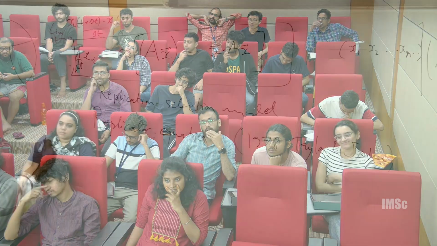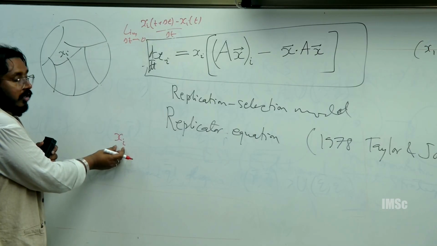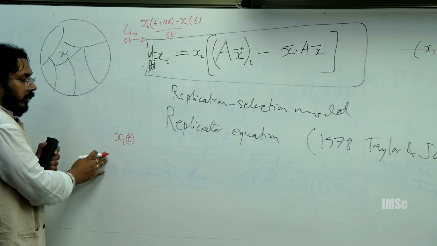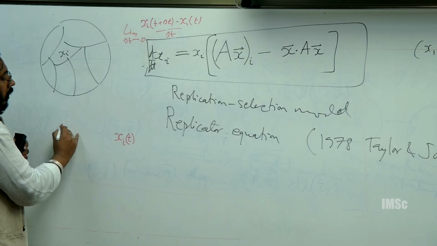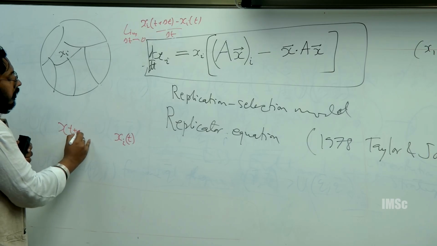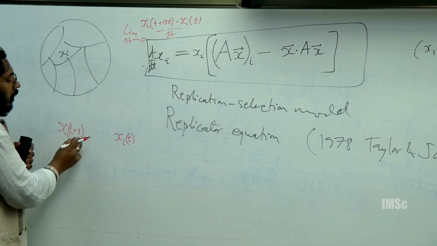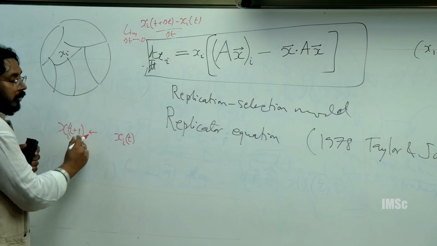You see, let us start with the discrete thing, the way I think it will be easier to understand. Let us say I had at a certain point of time a trait frequency xi. Let me put the tag t. I am doing it discretely. I want to know at time t plus delta t, which I am just calling 1, the next time step, what does it become? I want a connection.